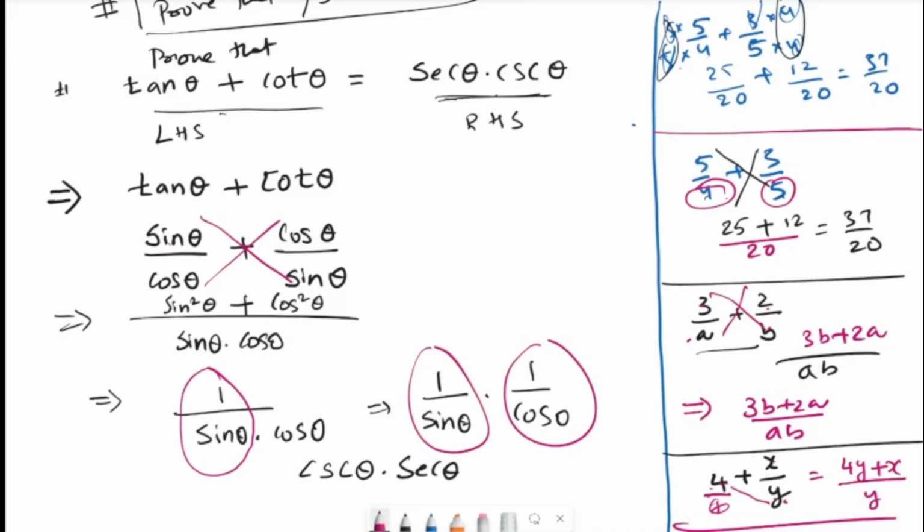So what do we notice here? We have cosecant theta times secant theta, which is the same as secant theta times cosecant theta. Now we have arrived at the desired right hand side. So we proved that this is equal to this.